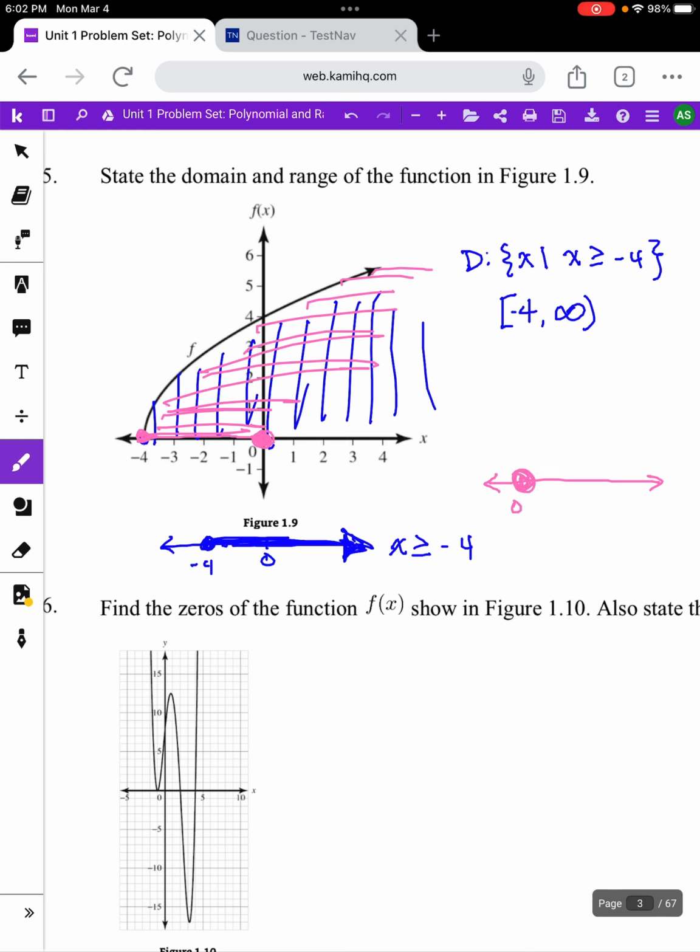So I'm going to color in the circle, and y only gets bigger throughout my graph. So y is greater than or equal to 0. So my range is y such that y is greater than or equal to 0. Or I can write it in interval notation, from 0 to infinity.